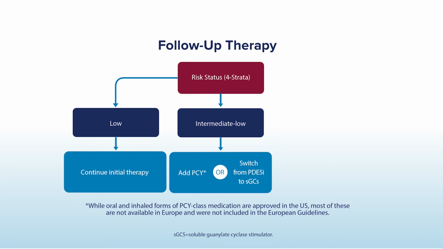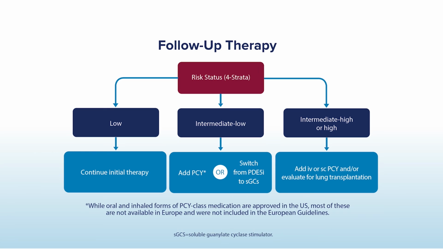and functional capacity. For patients who are at intermediate high risk, those are patients, again, who should be escalated. And in that stance, I would say those are patients who should be offered parenteral prostacyclin. Again, they have a choice between IV or sub-Q, and that's a conversation that has to happen between the provider and the patient.